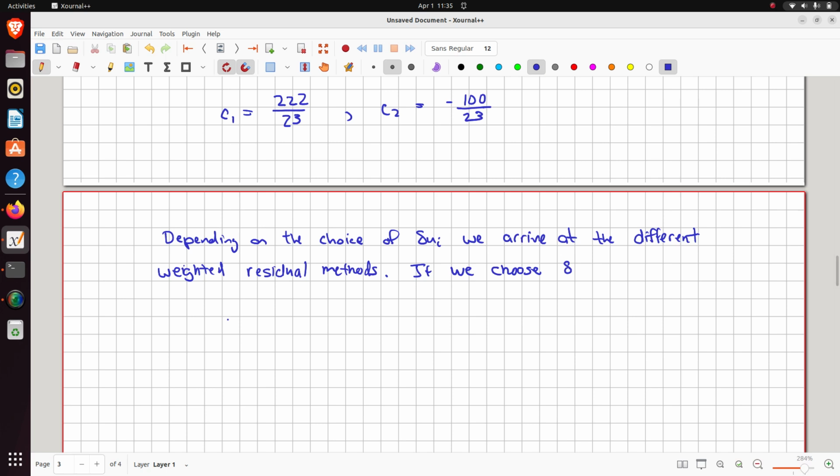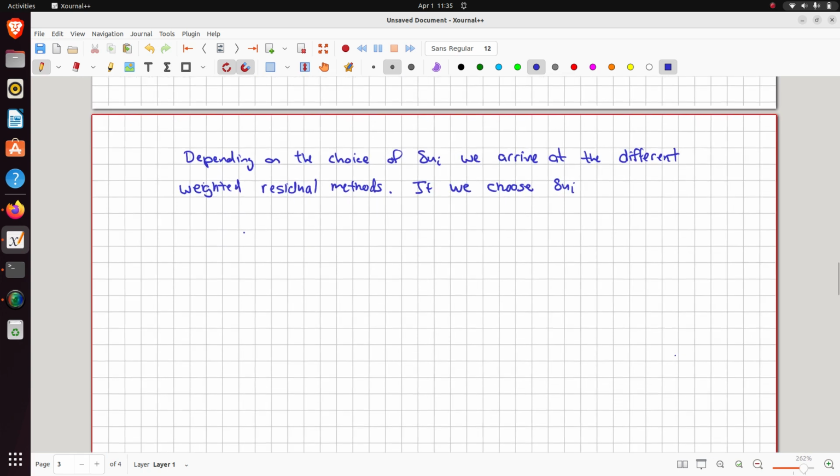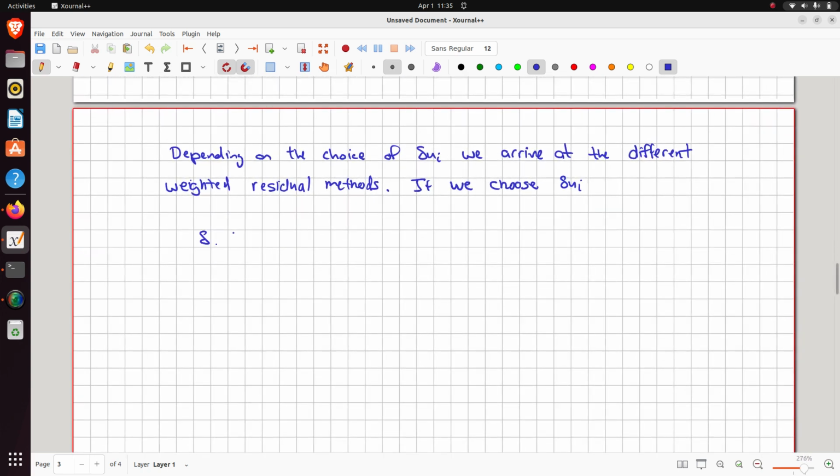If we choose del ui such that, I called it an arbitrary function. A lot of times in the mathematics literature, you'll see it called a test function, okay? So if we choose the test function to be equal to the approximating function that we chose, those approximating functions, the phis, are also known as basis functions, right?